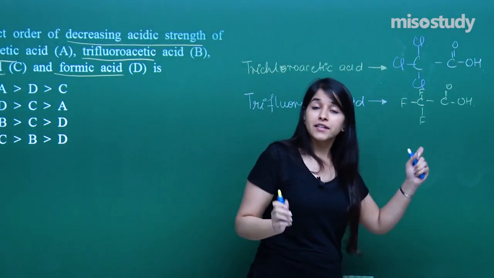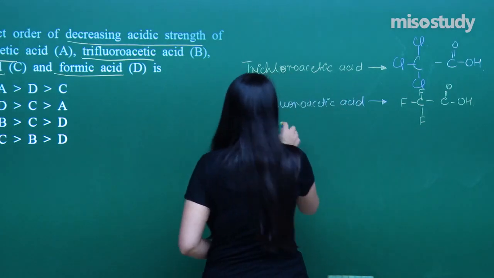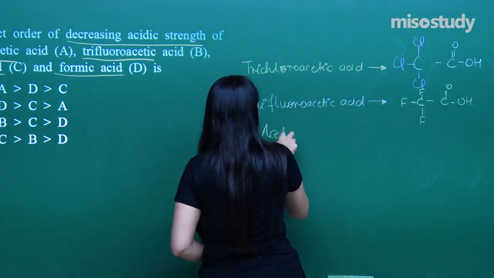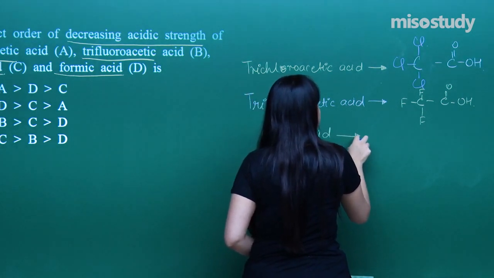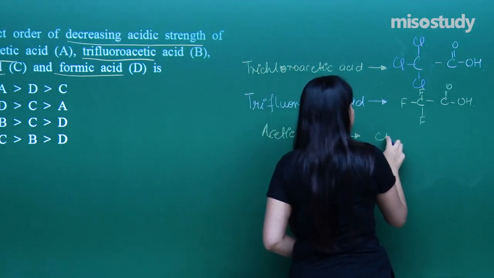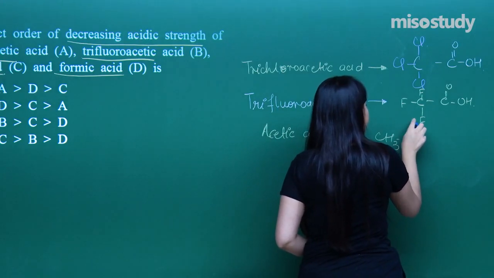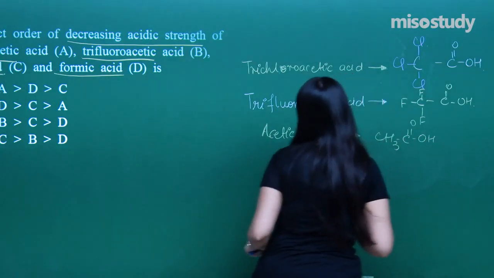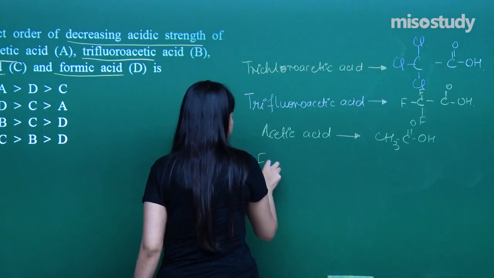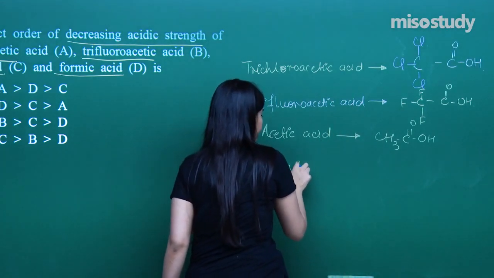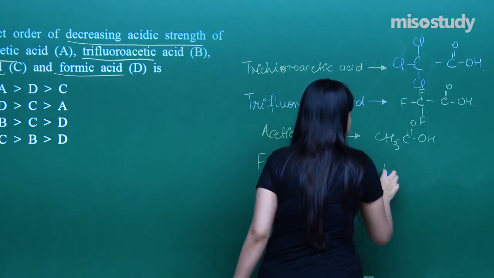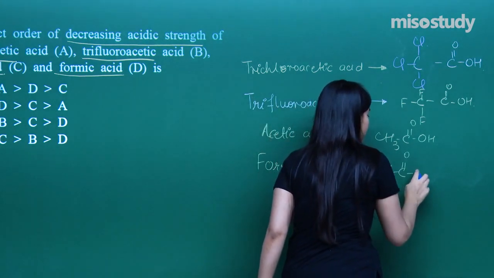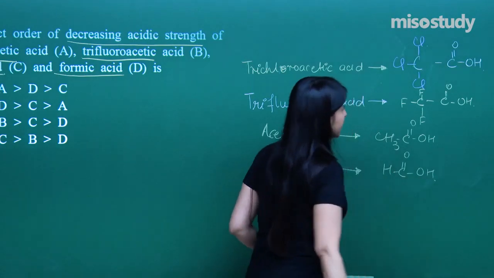These are the ones that need to be focused upon. And what next? The acetic acid we need to make. So the acetic acid is pretty simple. What else? I have got the formic acid at the last. That means HCOOH. So that is what we need.